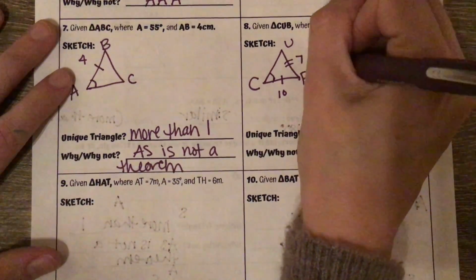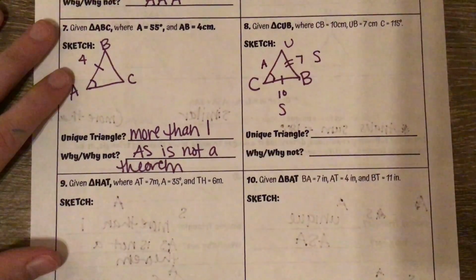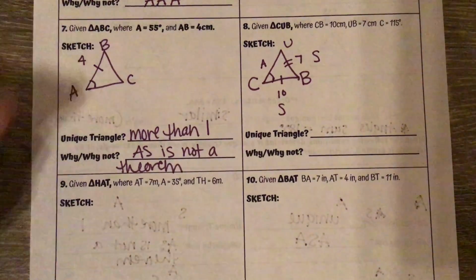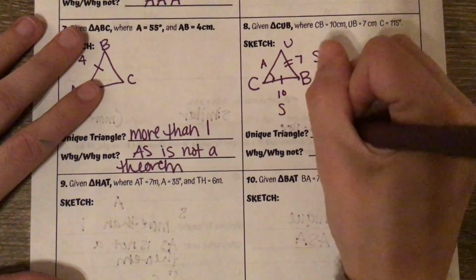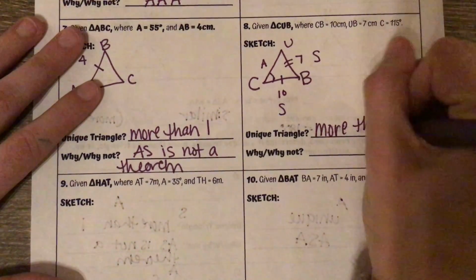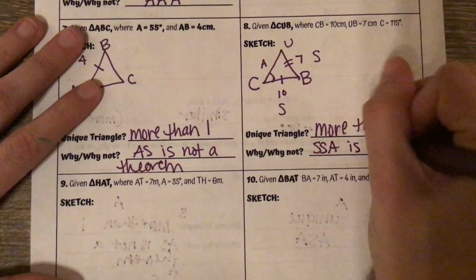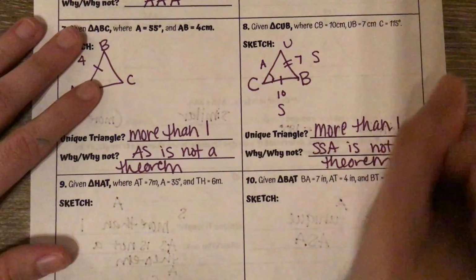We're given a side, we're given a side, and we're given an angle. So remember, even though SAS is a theorem, side, side, angle is not. So more than one, and SSA is not a theorem.